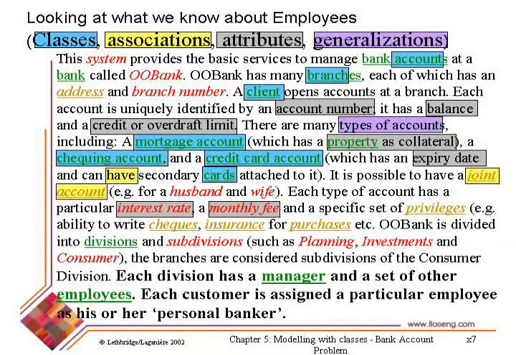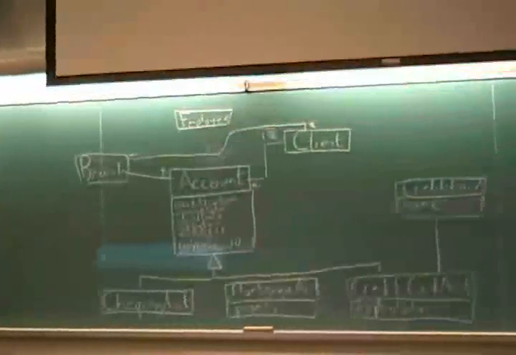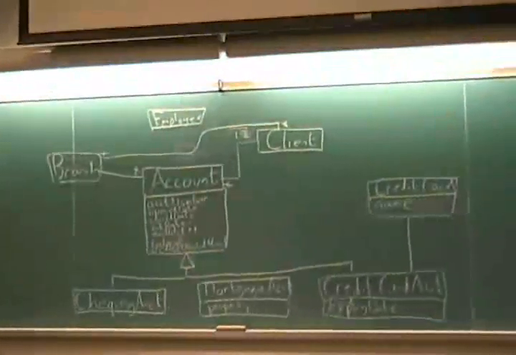It says that among the things, a customer is assigned a particular employee as his or her personal banker. And above that it says each division has a manager and a set of other employees. Those are the two statements about employees. So what do we know? How are we going to tie the employees into this diagram?